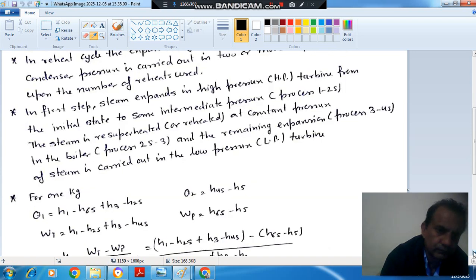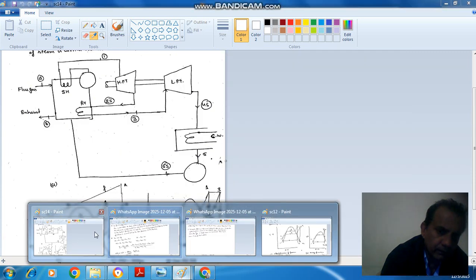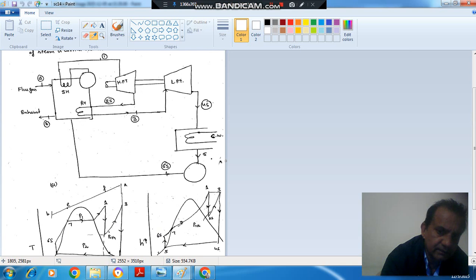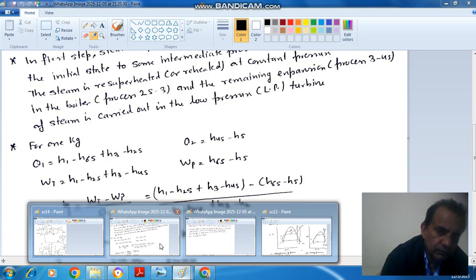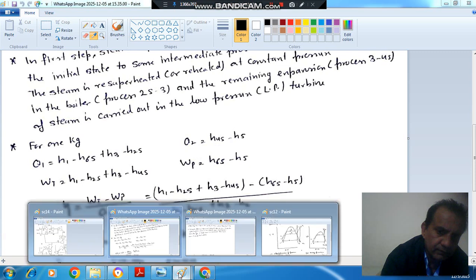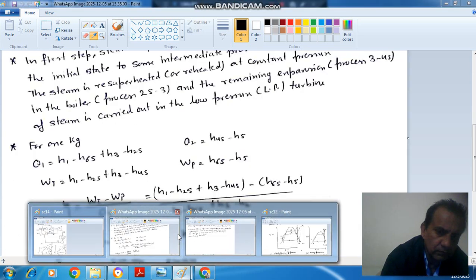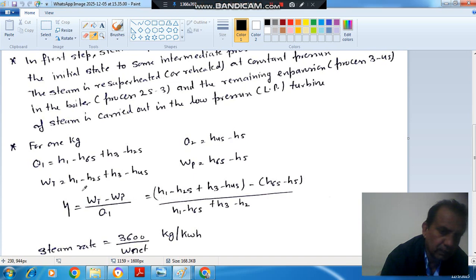Now for 1 kg, heat added is your main heating, that is H1 minus H6s, and superheating H3 minus H2s. So heat added is this, and heat rejected is H4s minus H5. Work done is in two turbines: in the first, high pressure turbine, it is H1 minus H2s, and in the low pressure turbine it is H3 minus H4s.